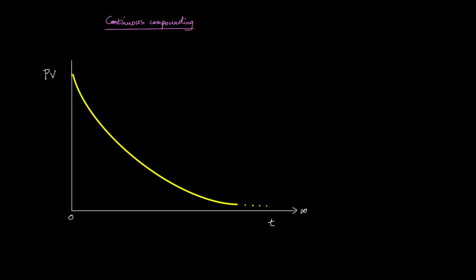Instead of those individual separate payments, what we have now is a continuous flow of cash happening at every possible moment in time. In the example which we used to start this video, we were receiving $1 at a single moment in time at the end of each year.